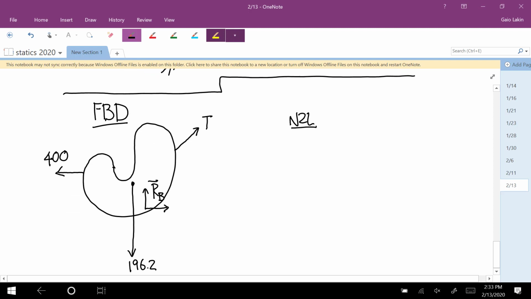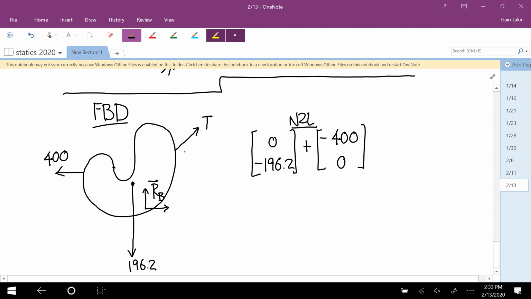So now Newton's second law. We have the weight, 0, negative 196.2. The 400 is in the negative x direction, so negative 400, 0.